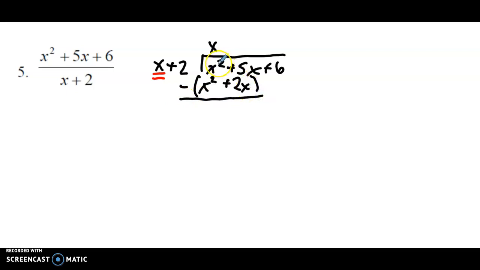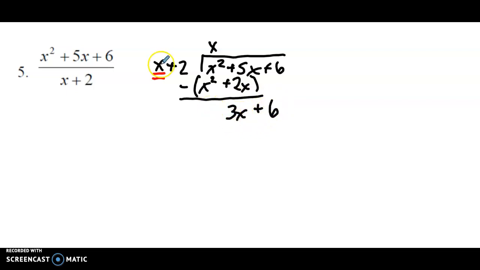What should happen is when you do x squared minus x squared, you should get nothing for the first term. If you did get that, you did it right. 5x minus 2x is 3x, and you're going to bring down the leftovers. So the new thing I want to divide into is 3x plus 6.